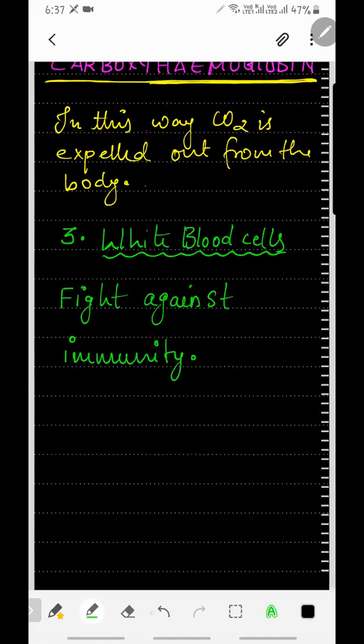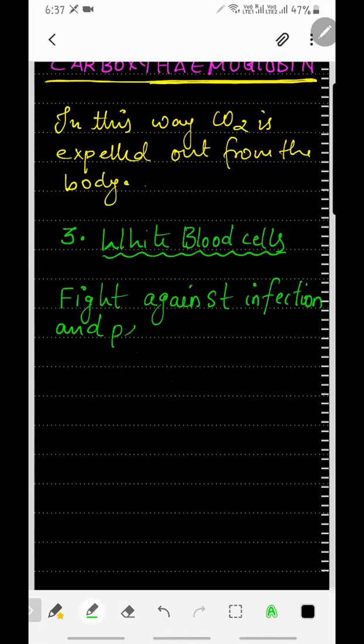Sorry, not fight against immunity. Fight against infection and protect us from disease.